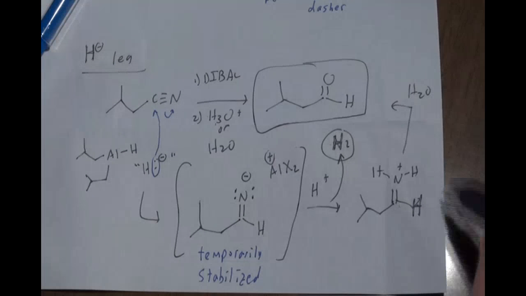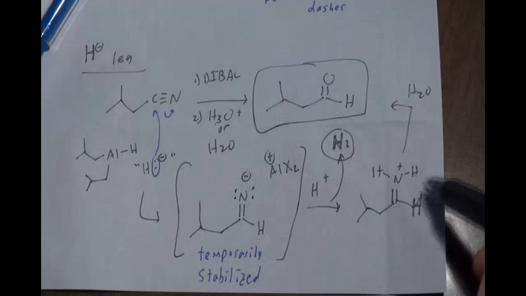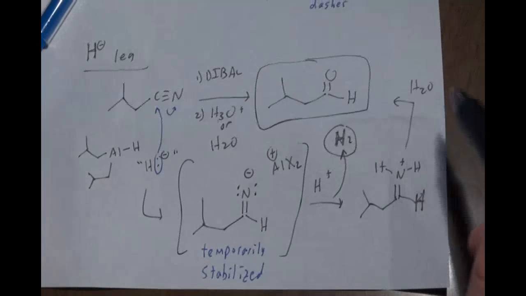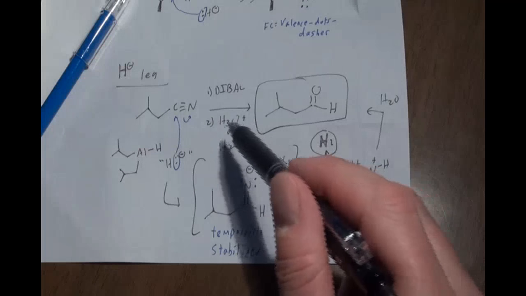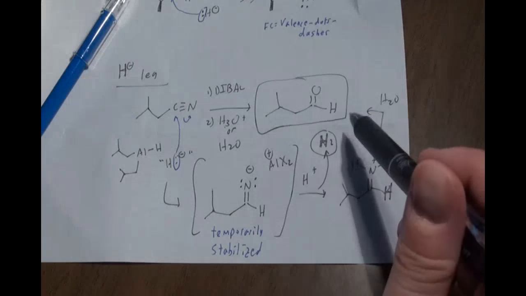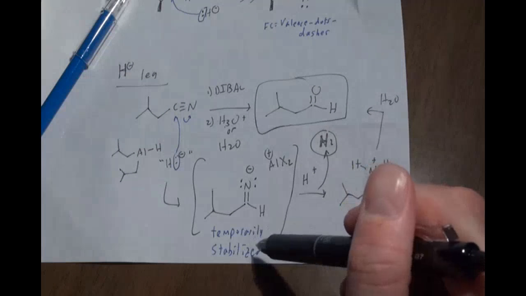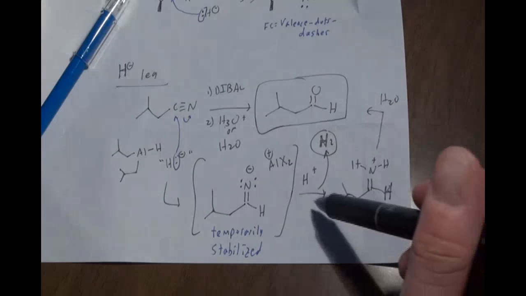It's the same kind of thing. Water attacks, electrons, proton transfer, etc., and then you're left with the aldehyde in this case. So the one-step reduction of a nitrile will give you the aldehyde: H minus attack makes a temporarily stabilized intermediate, negative, positive.